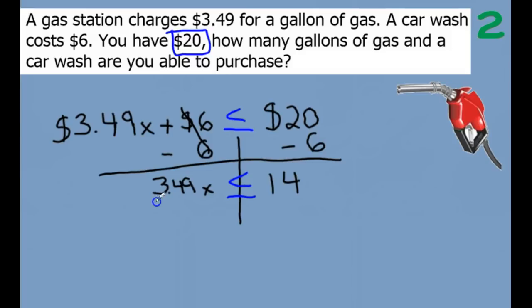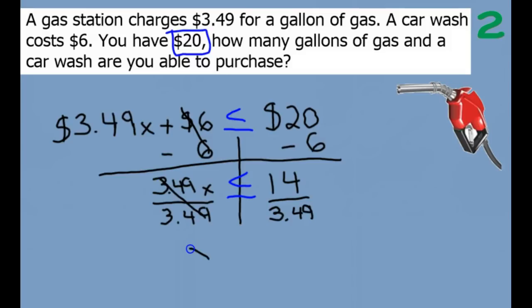Alright, now to get x by itself, we need to divide by 3.49 and divide by 3.49 here. So those cancel out.